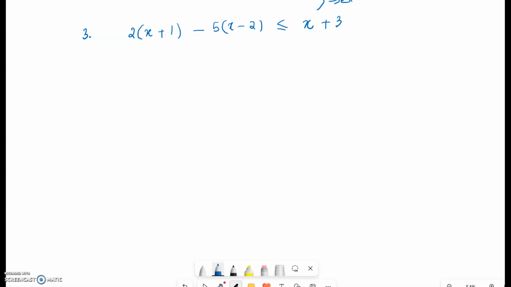We'll look at another quick example. Like we did before, we're going to simplify both sides completely first. So use the distributive property. 2 times x, 2 times positive 1 is 2. Remember, this is negative 5 times x, which is negative 5x.